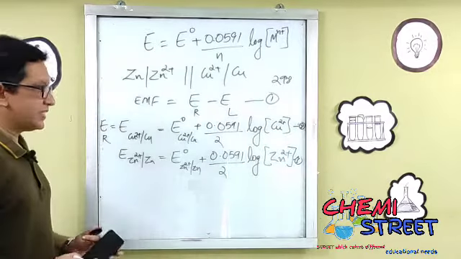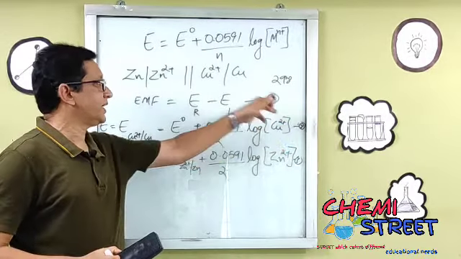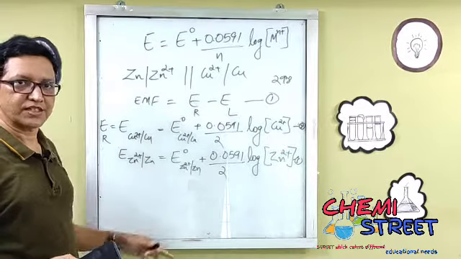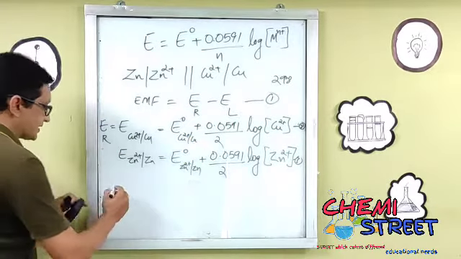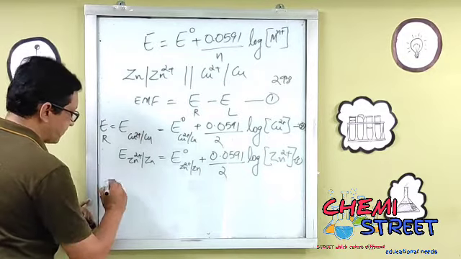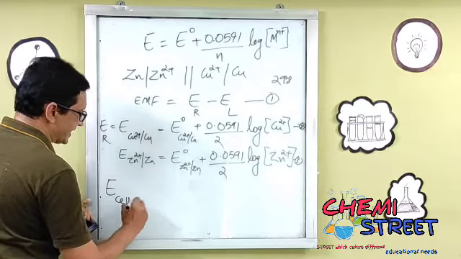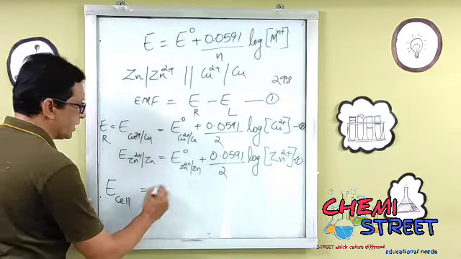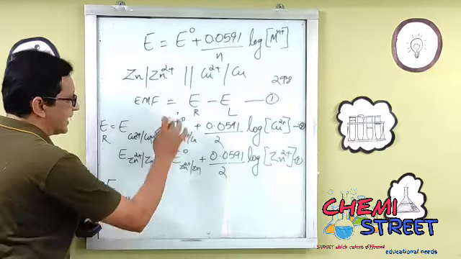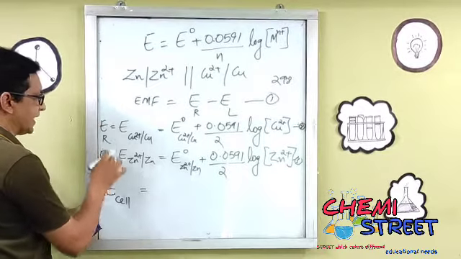We are applying equation number 2 and equation number 3 in this particular equation. EMF, or it can be considered as E cell, is equal to E right minus E left. This is E right and this is E left.